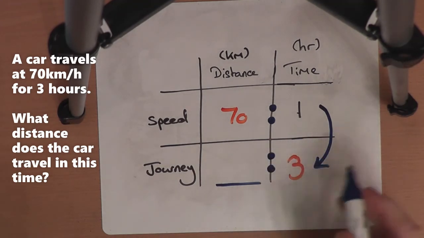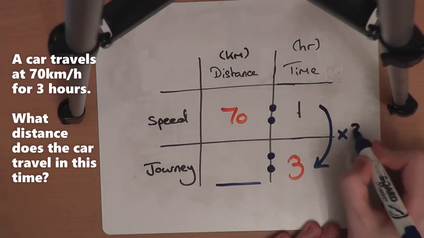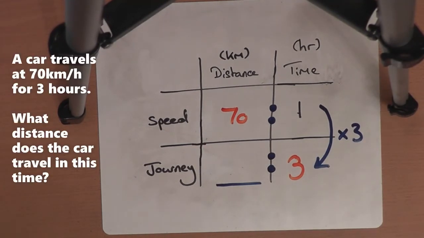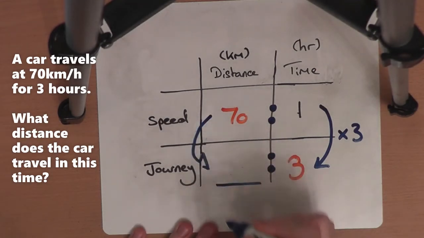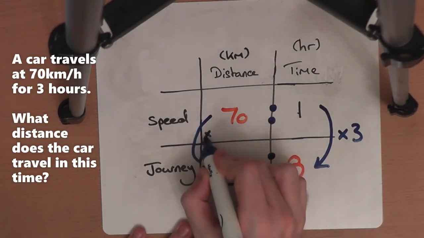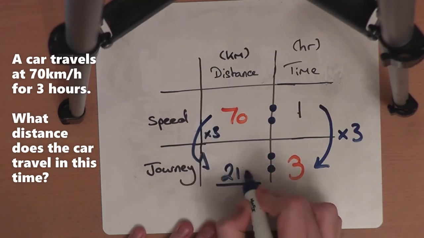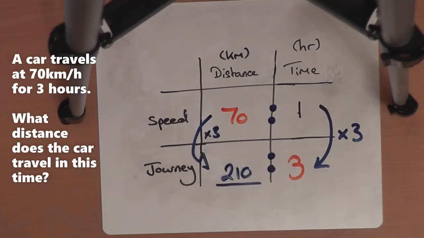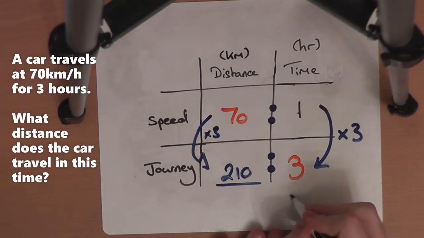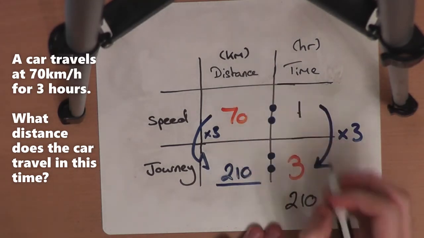To get from 1 to 3, we have to times by 3. These are two ratios, so if we have times by 3 on the right-hand side of the ratios, then we also have to times by 3 on the left-hand side of the ratios. 70 times by 3 gives us 210, and we pull that information out of the question, which means the distance that the car travelled must have been 210 kilometres.